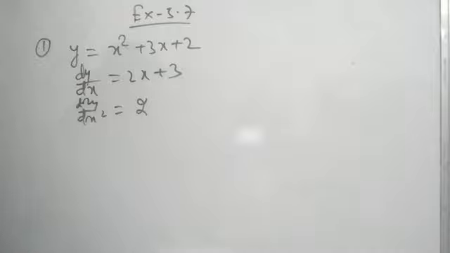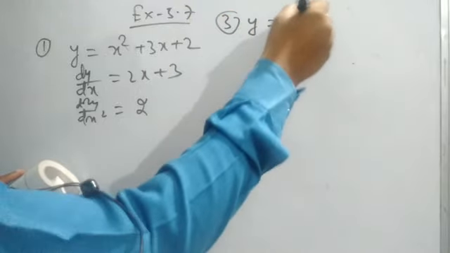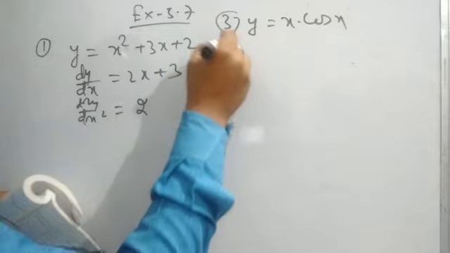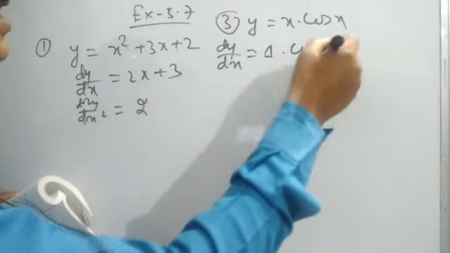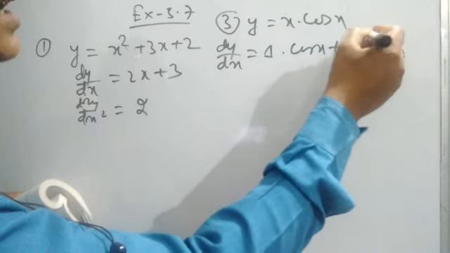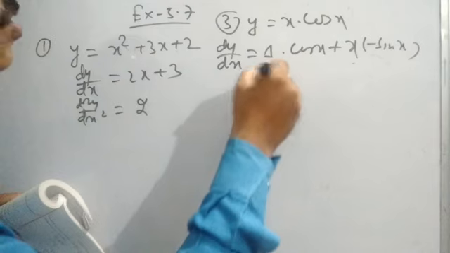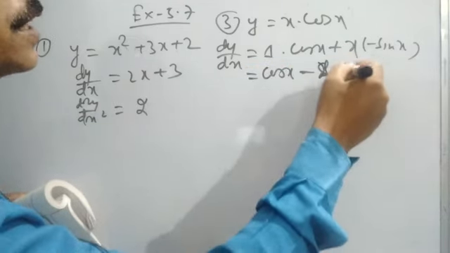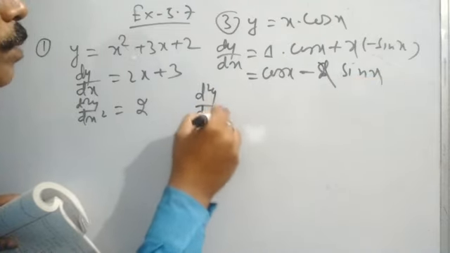Then the third bit also, that is x into cos x. Question number 3, y is equal to x into cos x, that is a product form. So dy by dx is equal to 1 into cos x, x constant, plus x into derivative of cos x, that is minus sin x, that is equal to cos x minus x sin x. Then what will be d2y by dx2?